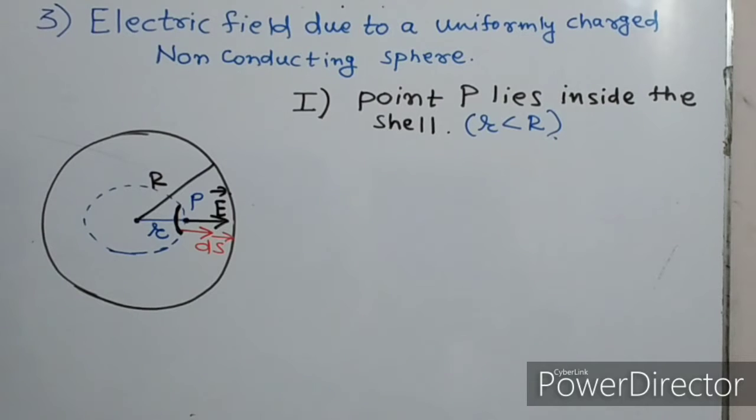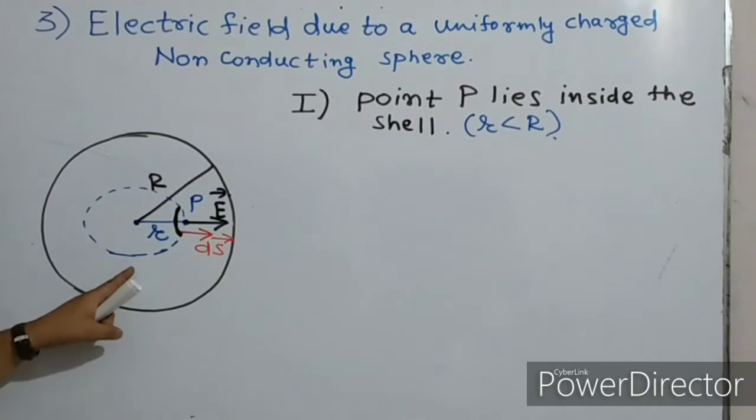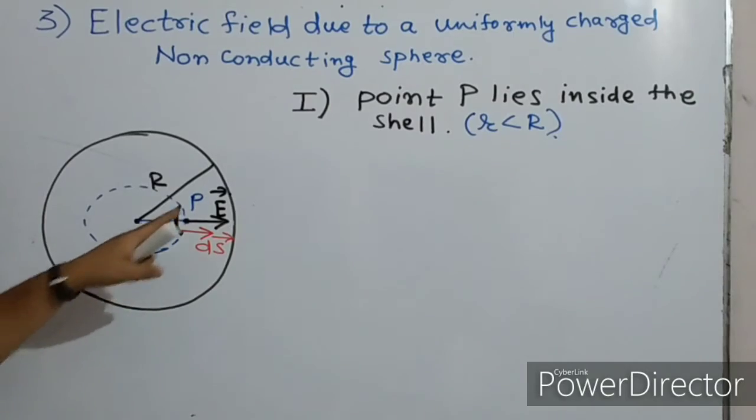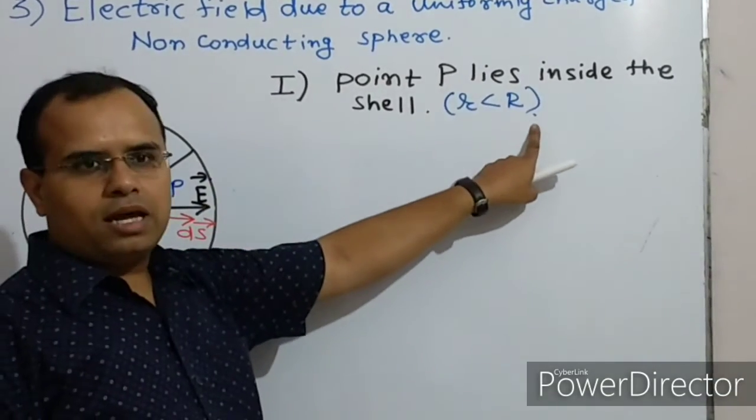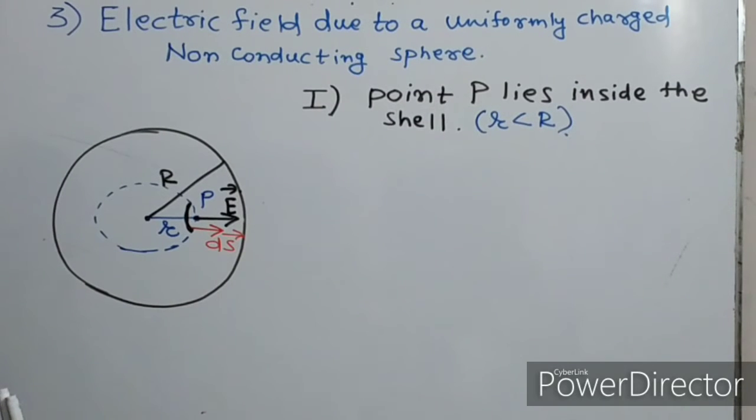A Gaussian surface is such a surface at each and every point of which the electric field intensity remains constant, remains the same. In this case, small r is less than capital R, because this point P is lying inside the solid sphere.